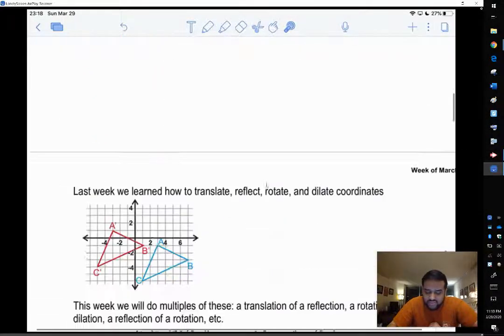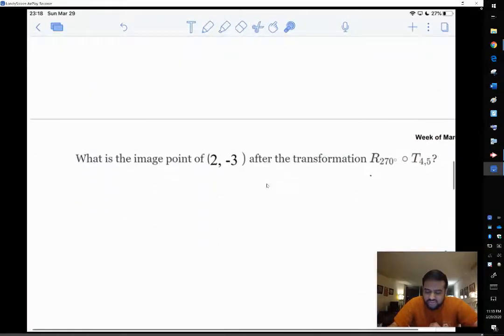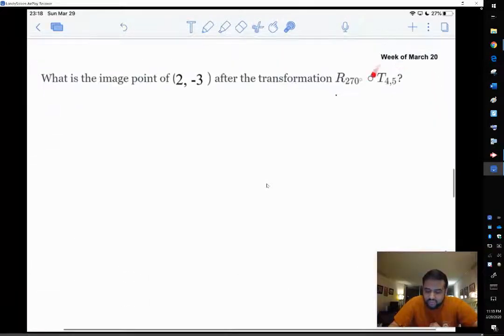So likewise here, we're going to start with this second function right here. What do you think the T stands for? Right, should stand for translate. So we're first going to apply the transformation along the vector 4, 5. So that means we add 4 to the x value and add 5 to the y value. In this case, both added because they're both positive.